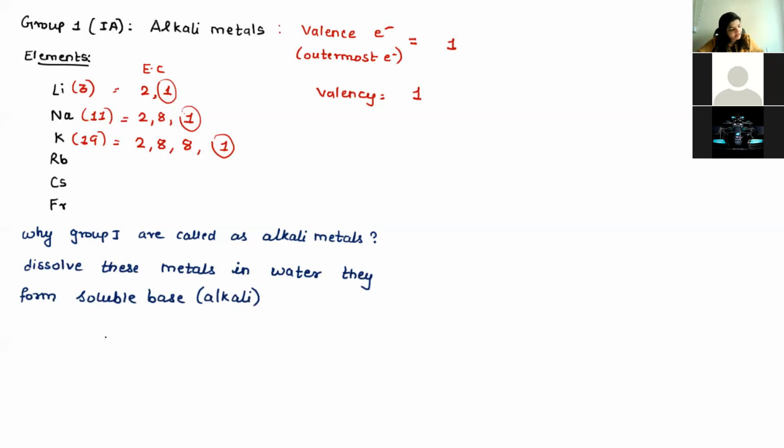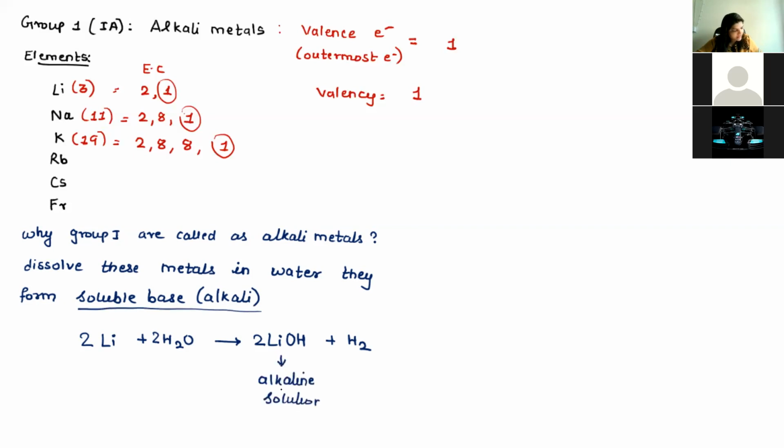For example, lithium plus H2O gives LiOH plus hydrogen gas. So there is a formation of this soluble base. Lithium hydroxide is an alkaline solution, and there is always a formation of hydrogen gas. That is why they are all called alkali metals.